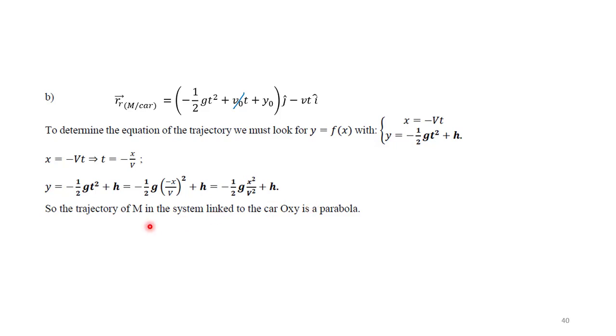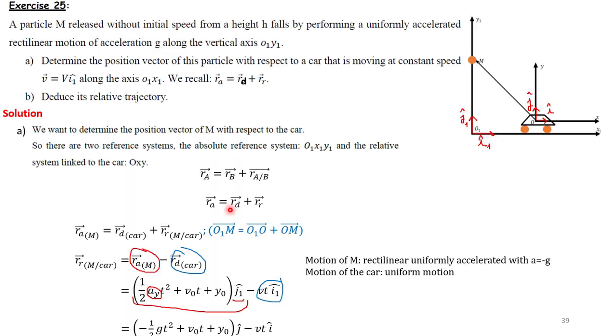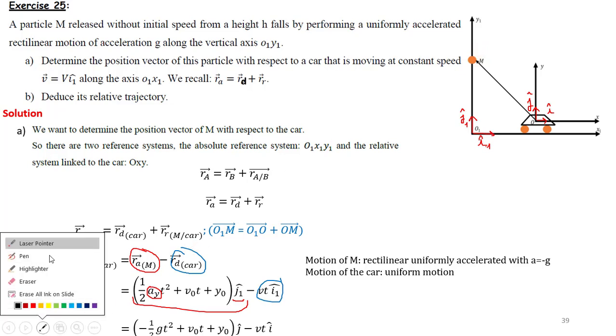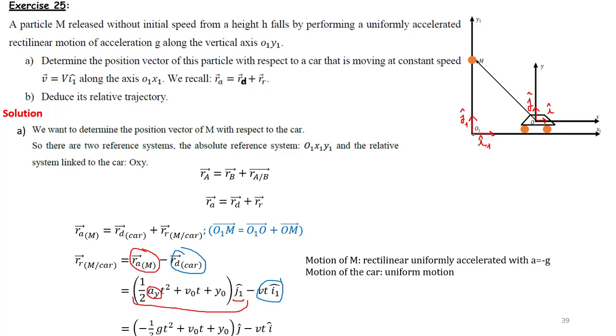This means that the car will see M making a parabola, whereas the observer O1 will see M just falling down. So I will repeat, O1 will see M just falling down vertically, whereas O will see M making a parabola like this.